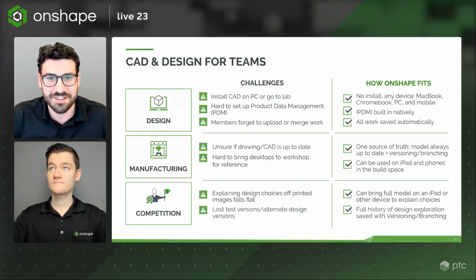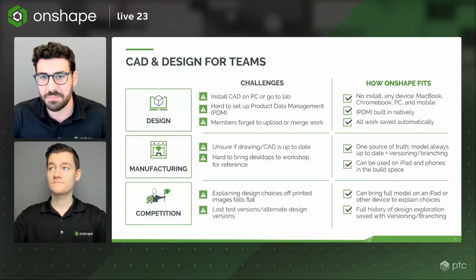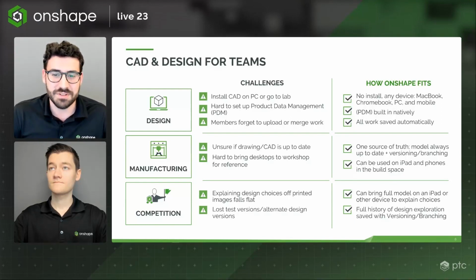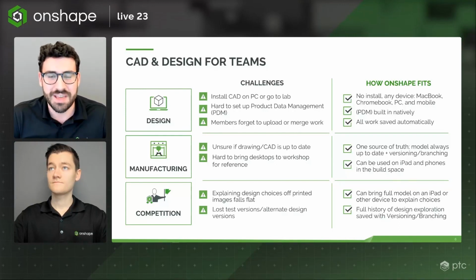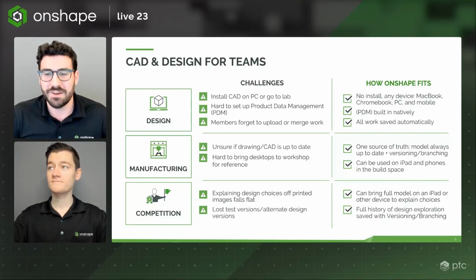I mean, I'm sure you already know Onshape can be used on a bunch of different devices, Chromebooks, MacBooks, iPads, iPhones. And so being able to seamlessly switch between devices, get everybody involved, has been really powerful for a lot of the teams that I've worked with. And if you're already using Onshape on your team, I'm sure you've seen it as well, especially with things like going into a design review.